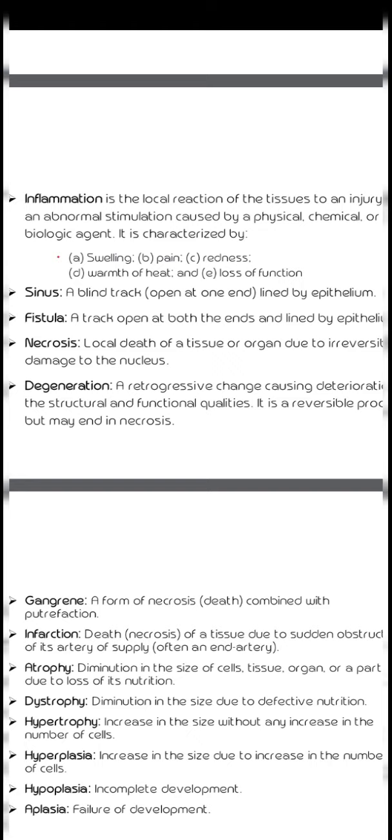If there is a communication between the intestine and the urinary bladder, and the feces start entering the urinary bladder and start coming out via urine, that would be a good example of fistula. Okay, and that is a very good example of fistula.